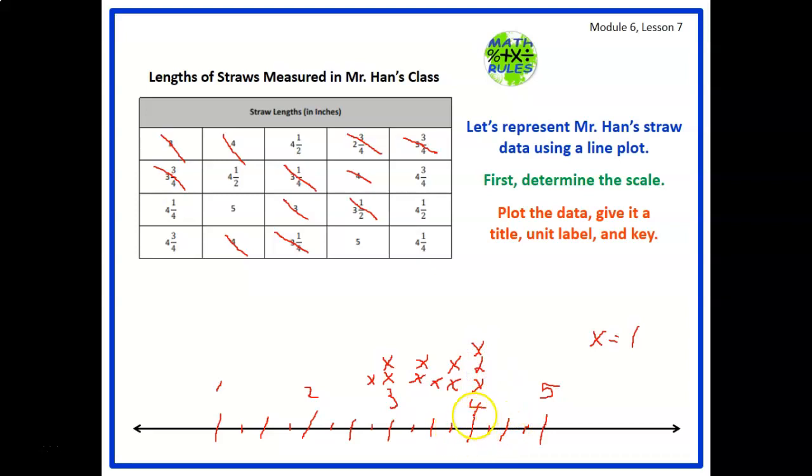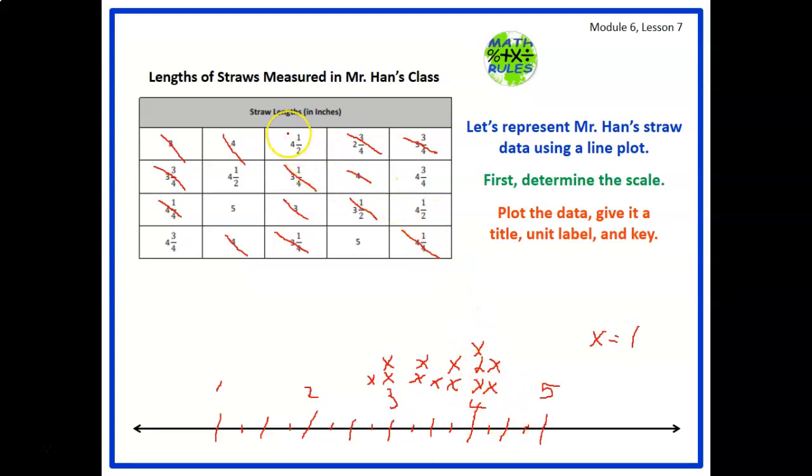Okay, my next unit is going to be 4 1/4. So I'm going to come up here, 4 1/4. There's 1, and there's 2. So 4 1/4, I have 2. Okay, 1/4, 2/4. I know 2/4 is a half.